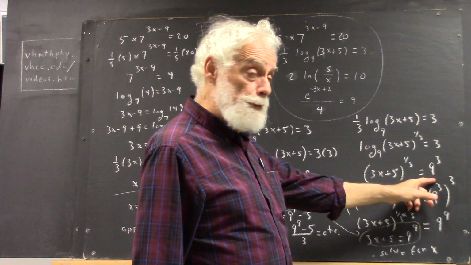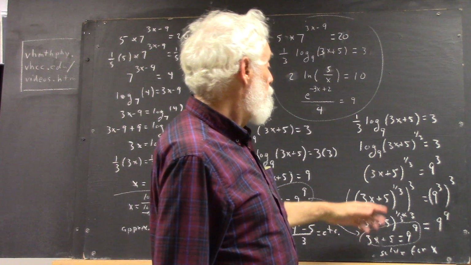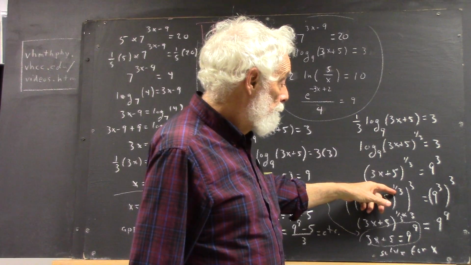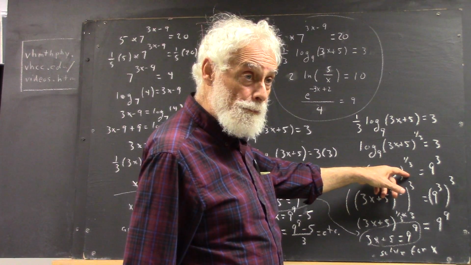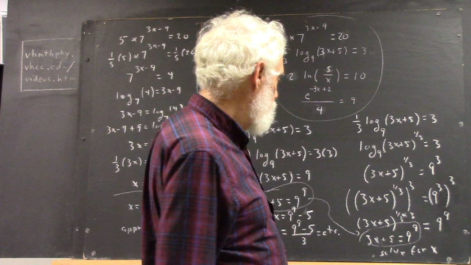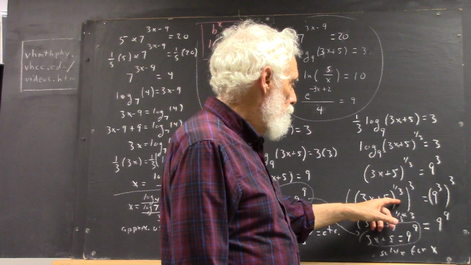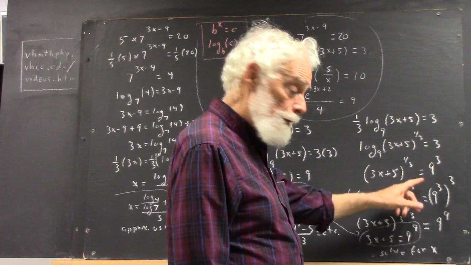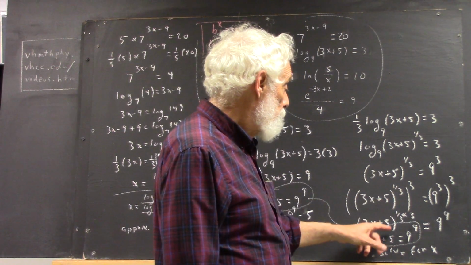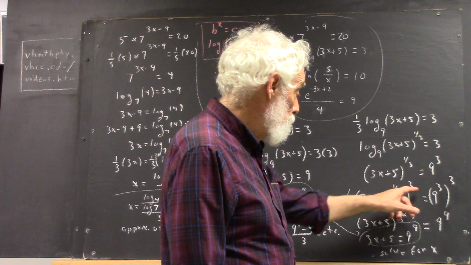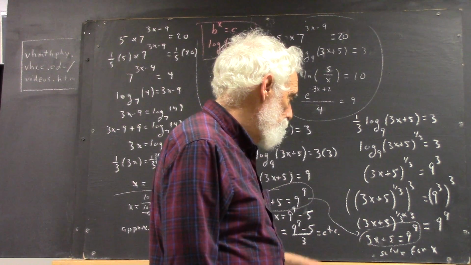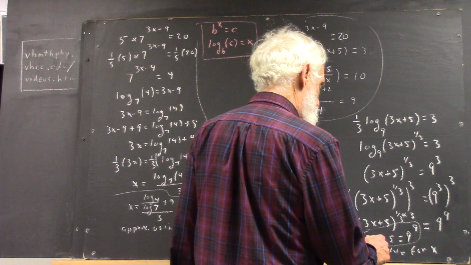Now how do we solve this equation? Well, we raise both sides to the 3rd power, because when you raise a power to a power, you get the product of the powers. So (3x plus 5) to the 1/3 raised to the 3rd gives you (3x plus 5) to the 1/3 times 3, which is (3x plus 5) to the 1, which is just 3x plus 5.